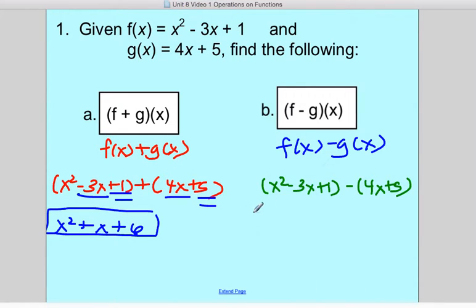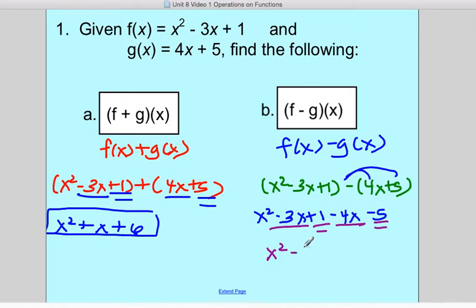I distribute the negative, so I'm going to rewrite the first function. Then we rewrite with the distributed negative. So negative 4x squared minus 5. So that's distributing the negative or subtraction, then combining our like terms. So those are the same, and these are the same. So I would have x squared minus 7x, 1 minus 5, minus 4. And there is our answer for B.